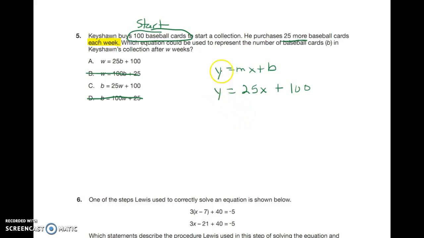Well, it says how many baseball cards B will he have? So that's going to be our total. That tells me that B is going to be our y, and the W, or number of weeks, is going to be our x. So that tells me that C is the correct answer for this. Hope you got that one right.